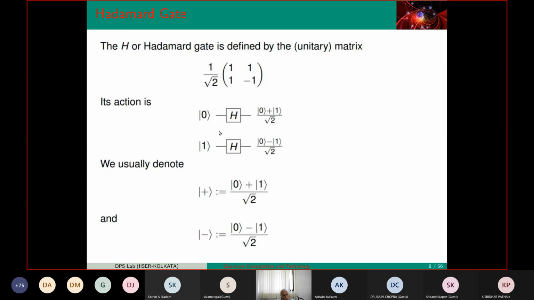Whatever we are dealing with so far is actually polarization. If you read Hecht, or any optics book, you will find polarized light uses this kind of mathematics. For example, light, if it's moving along the z direction, has polarization along x and y. If it is x and y, you will find the states are this.